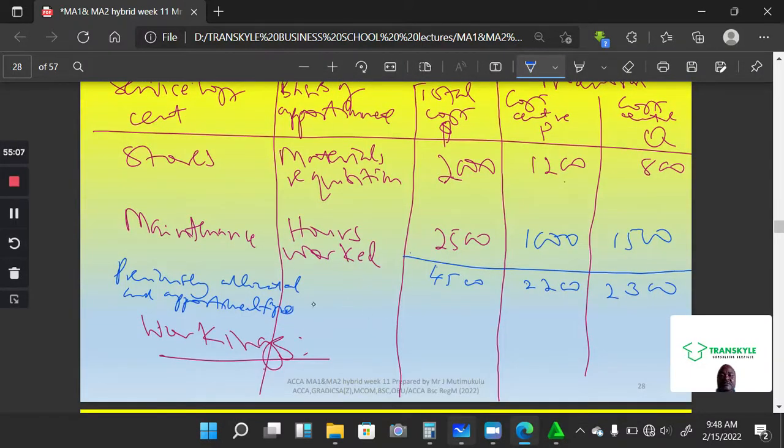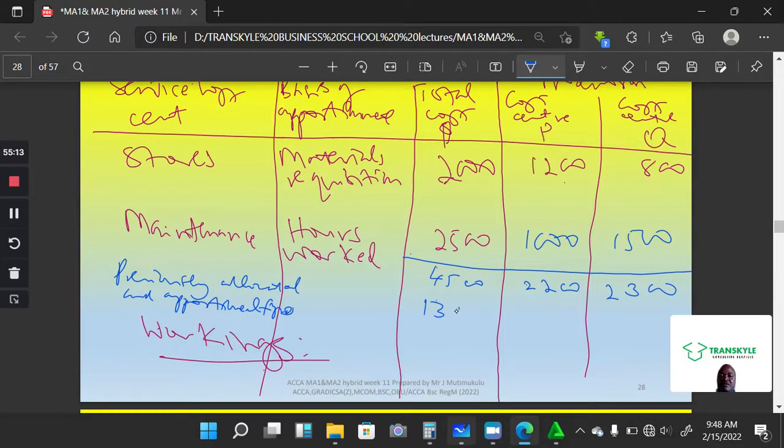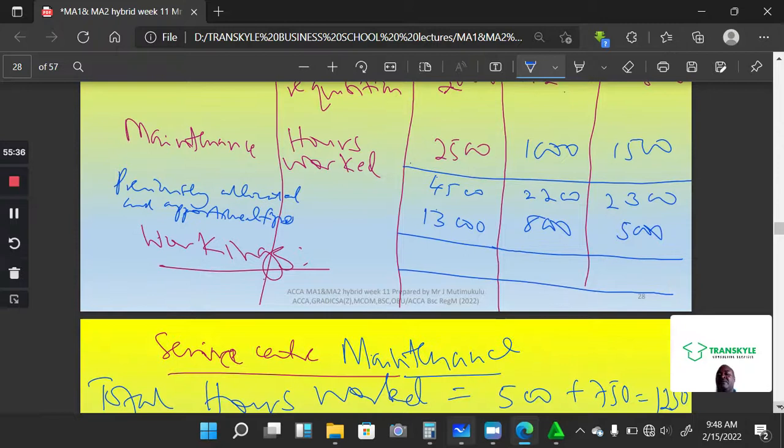In total, because we want the total here, we have got 18,000, which is made up of 8,000 and 5,000. So we can as well add them up.